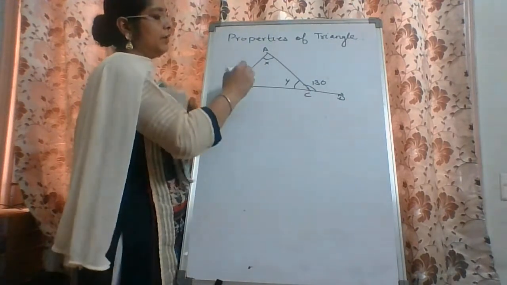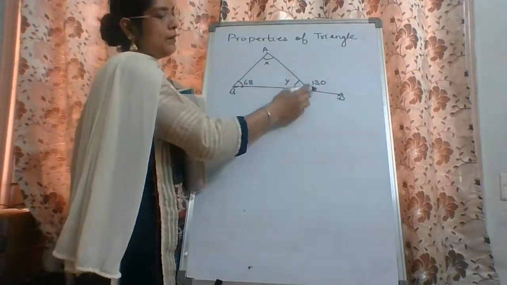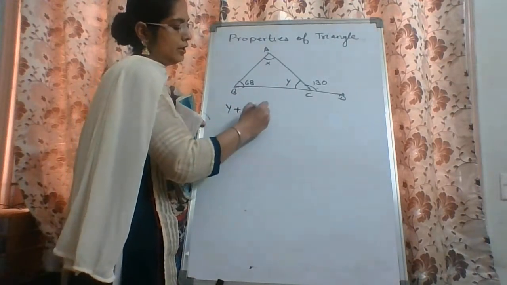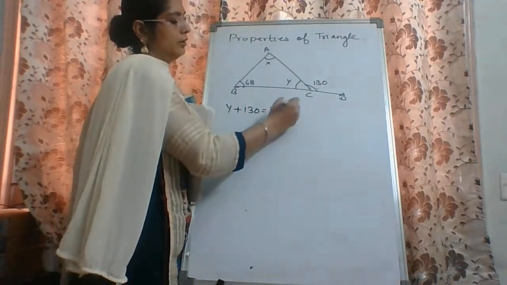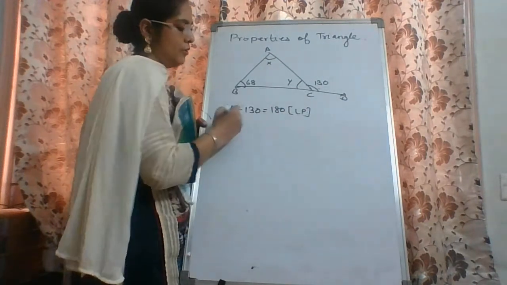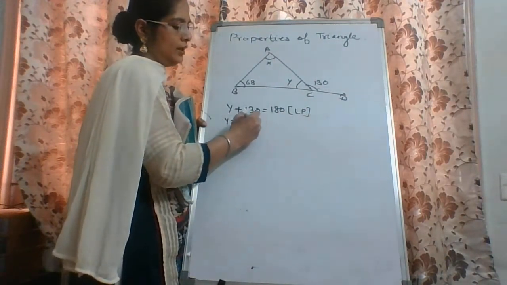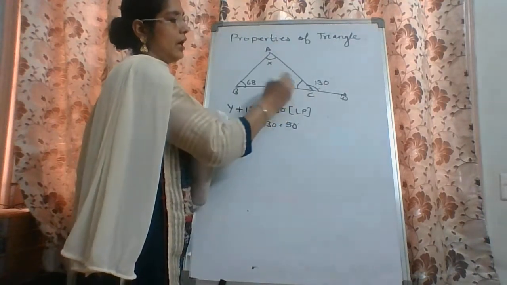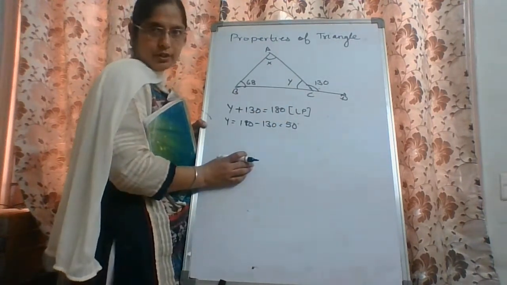See, we can find y plus 130 is equal to 180 degree, linear pair. So, y is equal to 180 minus 130 equal to 50 degree.